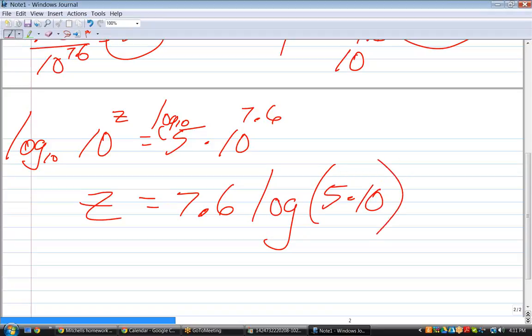Hold on a moment. What's your calculator say the common log of 5 is? 0.698. What's that plus 7.6?